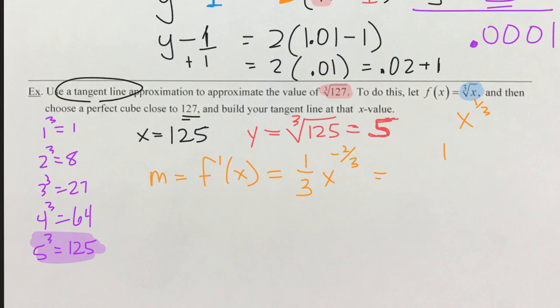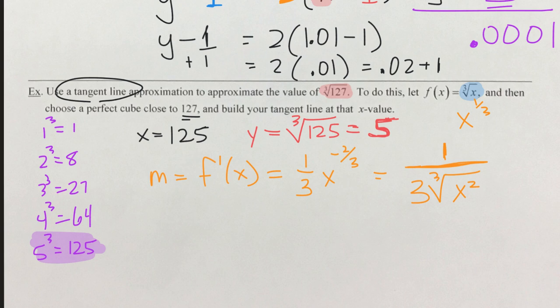Okay, so we can write this in a form that's a little easier to understand. That's 1 over 3 times the cube root of x squared. And what is our x value?